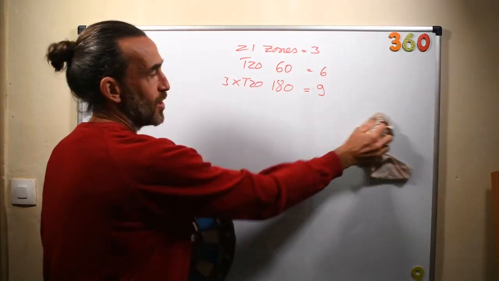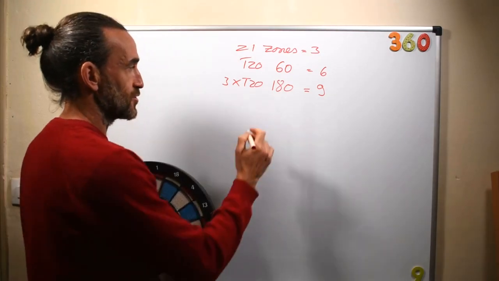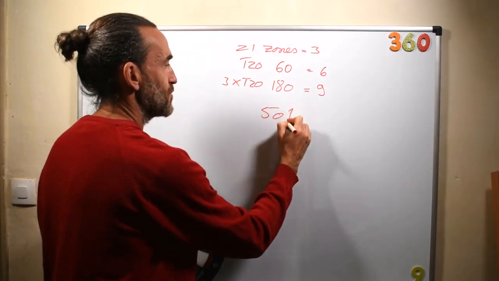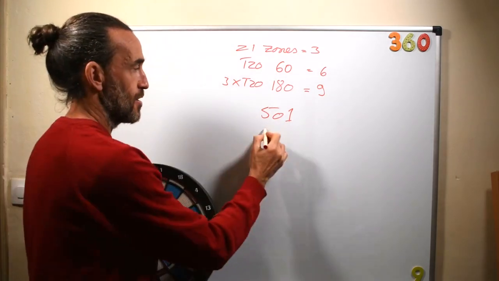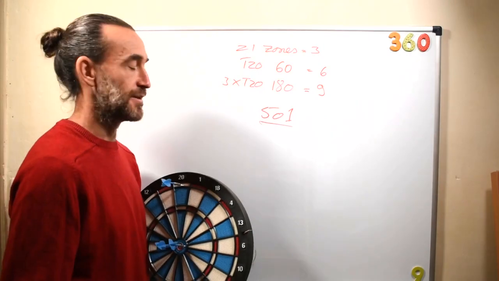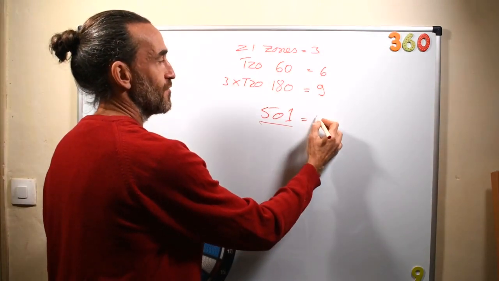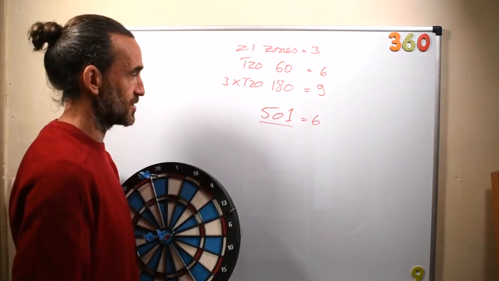And what is the aim of the game of darts? The aim of the game of darts is to score 501 points before your opponent does, and ending on a double. So 501 points, root number of 501 is 6.